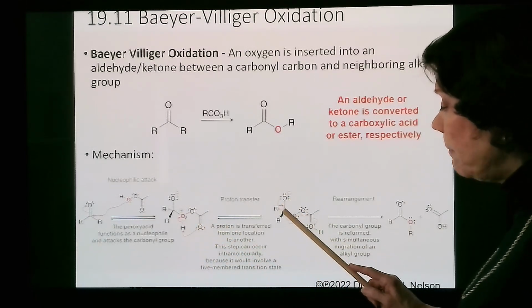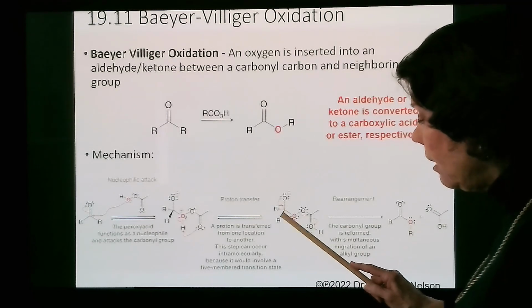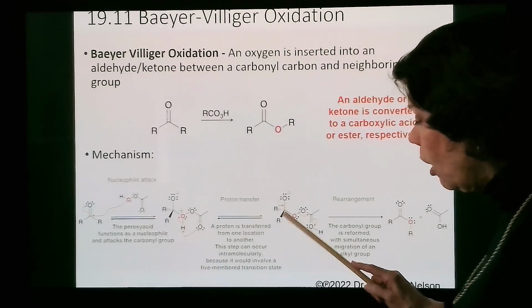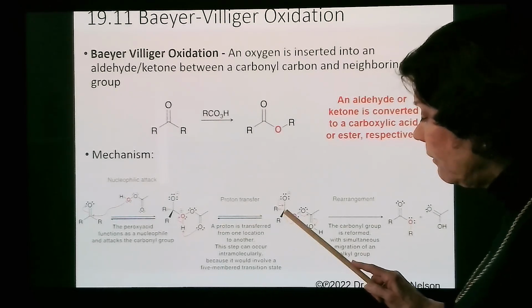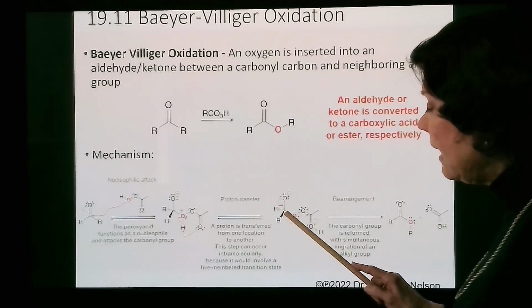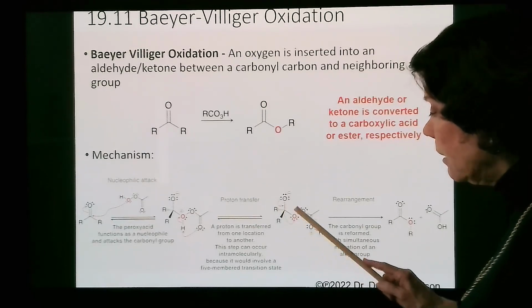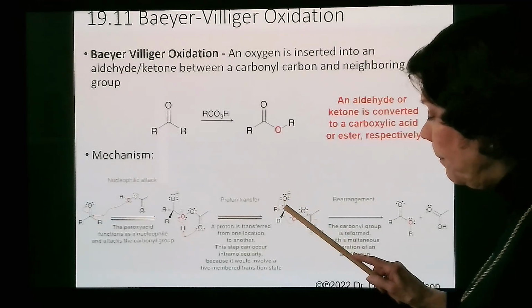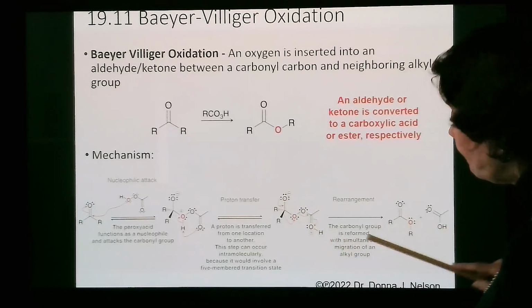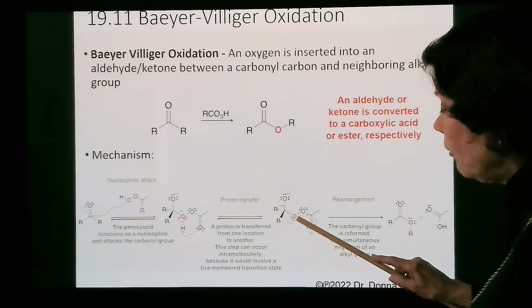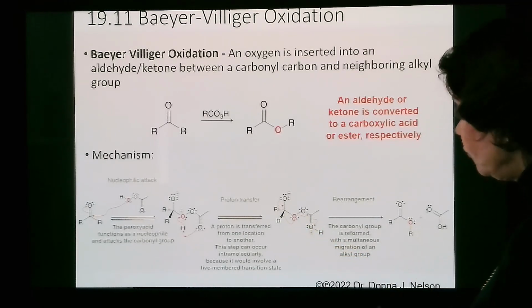So here you have this coming in, this is migrating with the pair of electrons in the carbon-carbon bond. The pair of electrons in the carbon-carbon bond is also migrating. So you have the pi bond formed. The alkyl group is migrating with its pair of electrons over here.